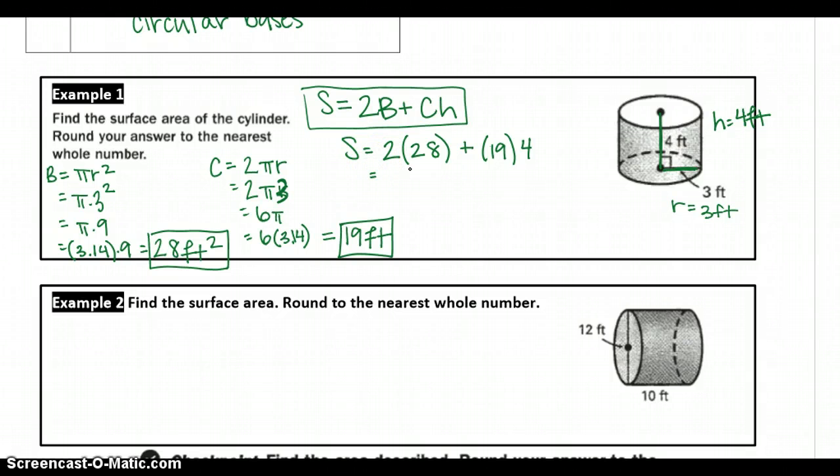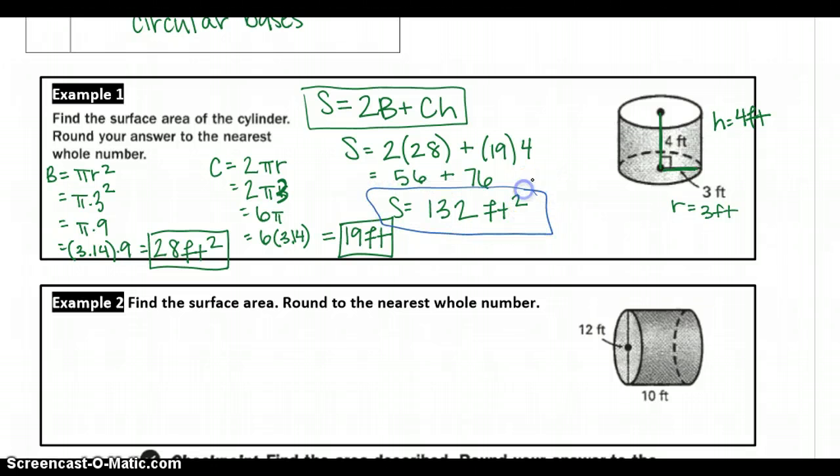So we want to do 2 times 28, which gives us 56, plus 19 times 4, which gives us 76. So if we add these together, we get a surface area of 132. This is going to be feet squared since we're dealing with a type of area.